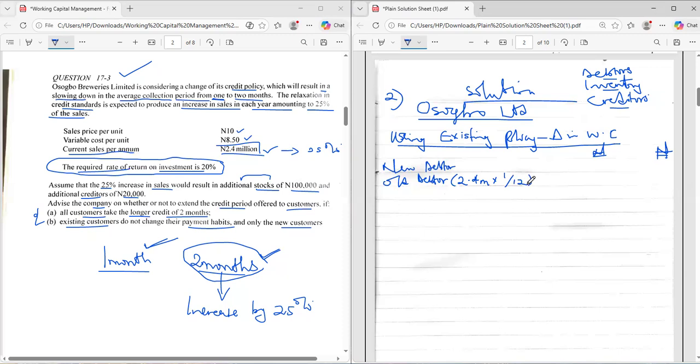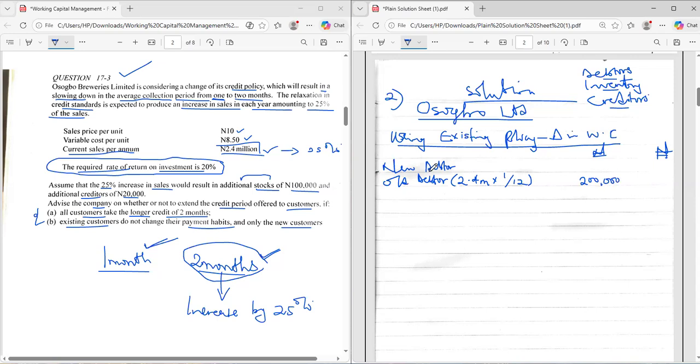That is why we say divided by 360. This one is in months. They don't need to tell you assume 12 months. That is 12 months anytime, any day. So 2.4 million times 1 divided by 12. Give me the answer. 200,000.